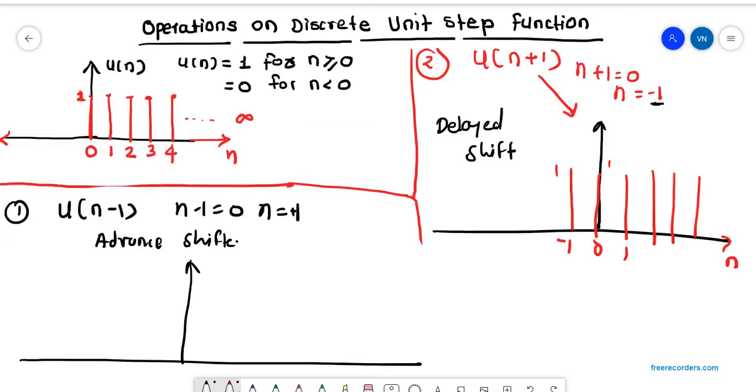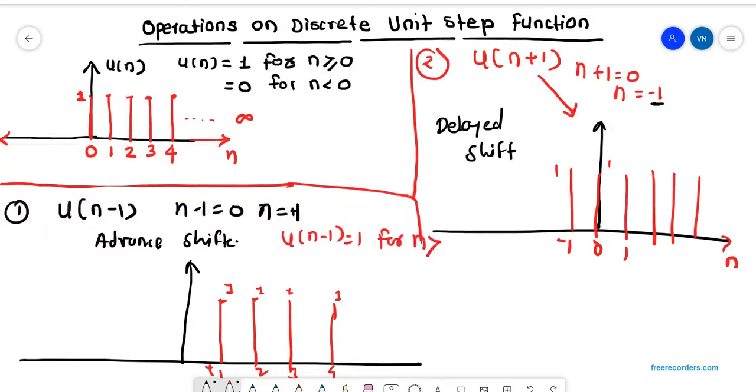Whatever the signal is starting from 0, now that signal will start from plus 1: 1, 2, 3, 4, like this. And the amplitude is again the same, 1. So you can write that u of n minus 1 equal to 1 for n greater than or equal to 1 and 0 for n less than 1. So that signal is shifted by plus 1.